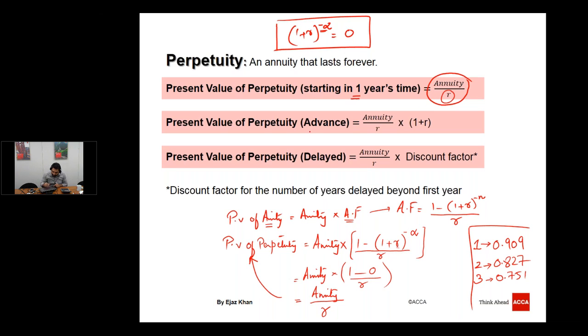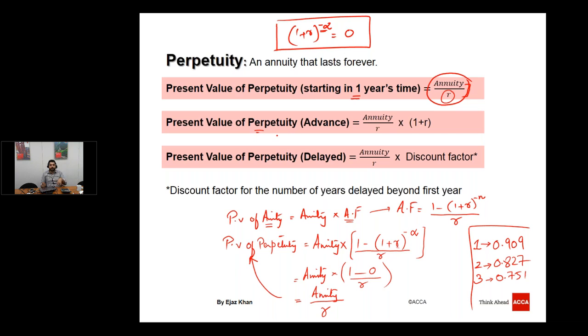But what if it's the advanced perpetuity, like we had advanced annuity? The formula, annuity divided by r, will be only applied to a situation where the perpetuity is starting from year 1. That is, the first cash inflow is received after year 1. So all we have to do is to divide the annuity by the discount rate. But what if the perpetuity or annuity starts from year 0?